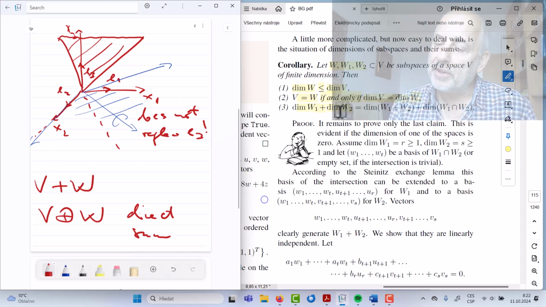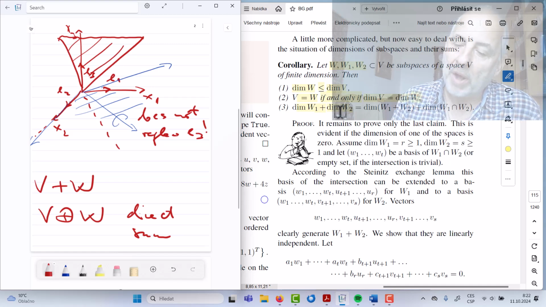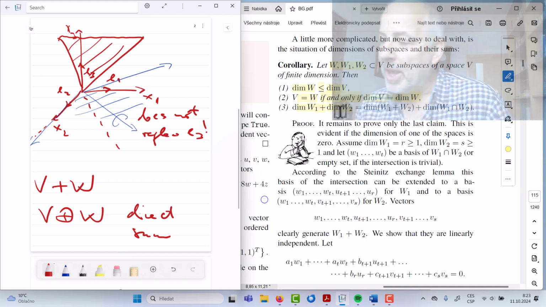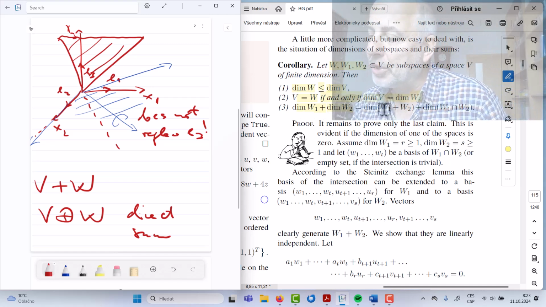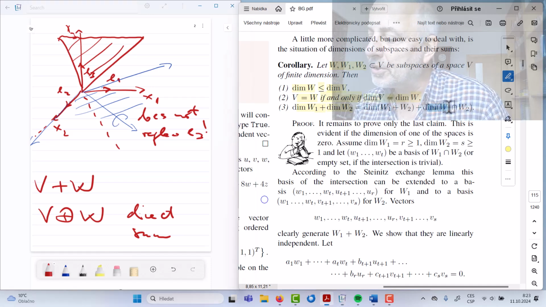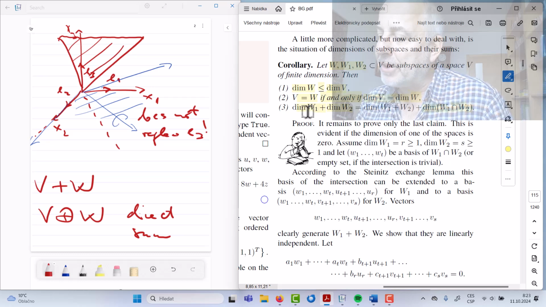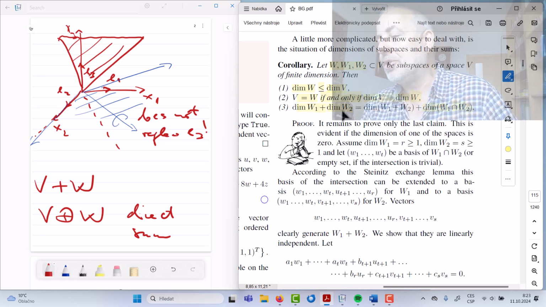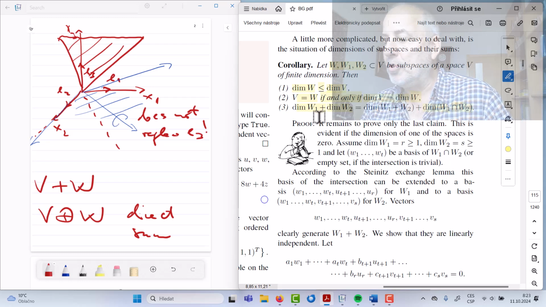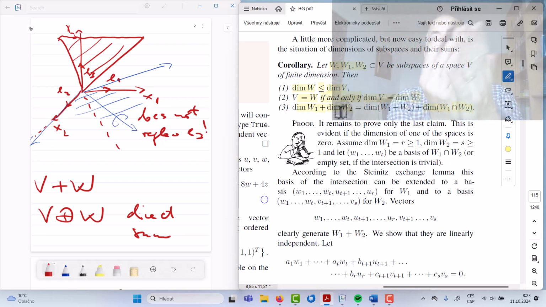And therefore, if you have a direct sum, every vector decomposes uniquely into a sum of one in V and one in W. And here what you can do is take the intersection, and you see that if you add the dimensions of the two spaces W1, W2 in general, then, say, if you take two planes in R3, they intersect in one line.